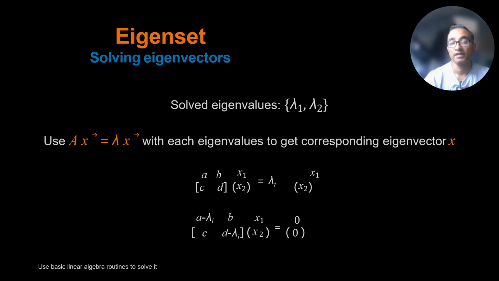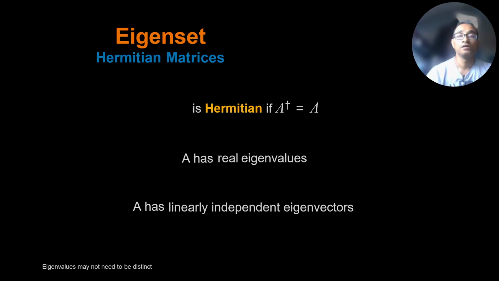You may then end up with eigenvalues lambda 1 and lambda 2, as we have seen in the last equation, where each eigenvalue has a corresponding eigenvector x, as shown in the example here. It is important to understand, in terms of Hermitian matrices, that if a matrix and the conjugate of the matrix are the same, then it's Hermitian.